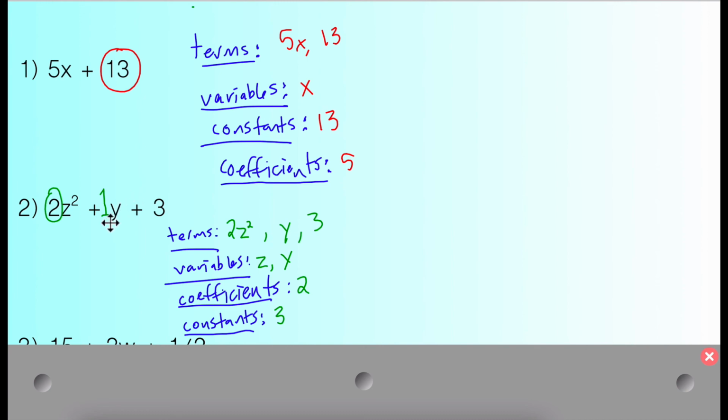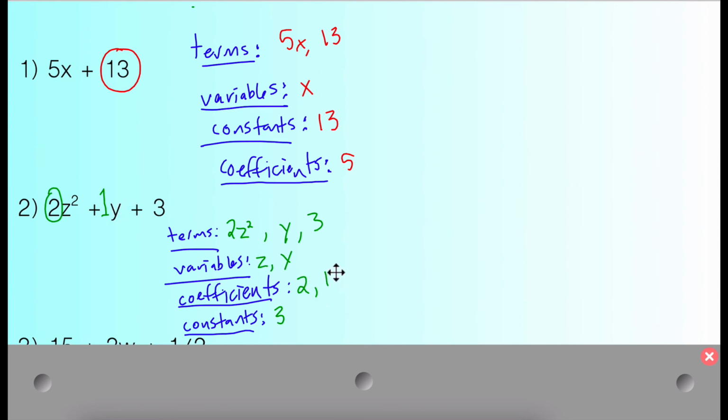Now the reason that in math you won't see someone write 1y typically is because it's a little redundant to say 1 times y when that's the same thing as just y. So most often, I'd say 99% of the time, if there's a variable by itself, it's always going to be written by itself. Most people don't write out 1x when you have x, or 1g when you have g. They just show the variable, but it still has a coefficient, and its coefficient is 1.